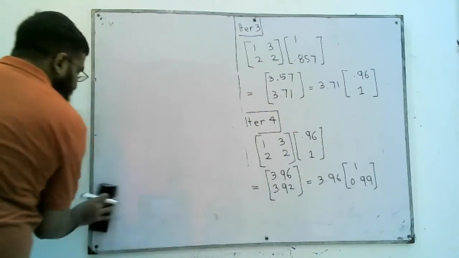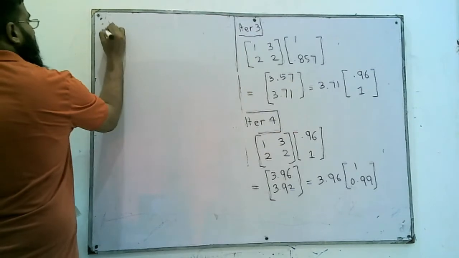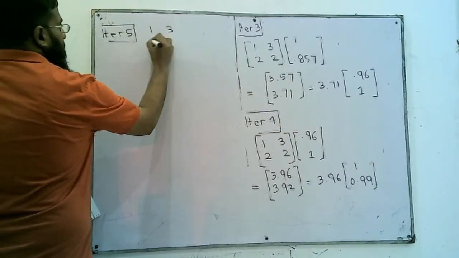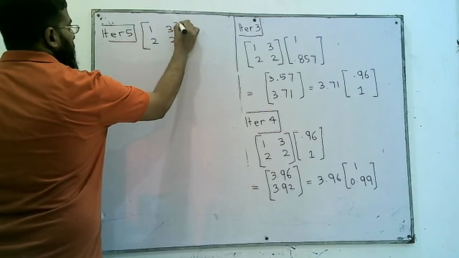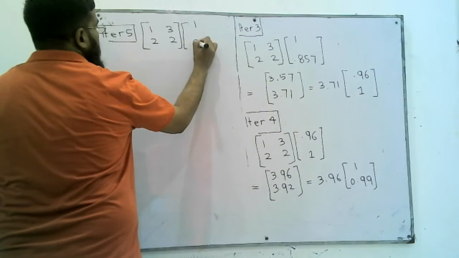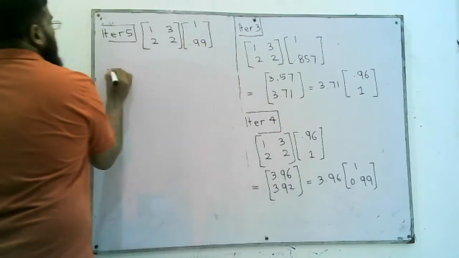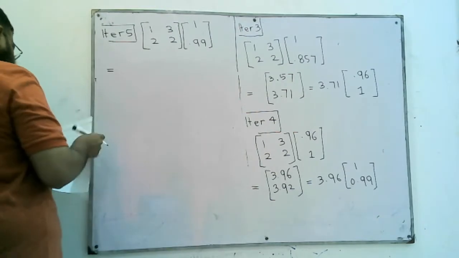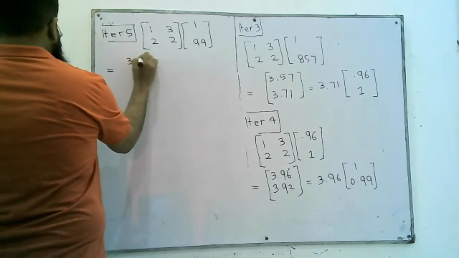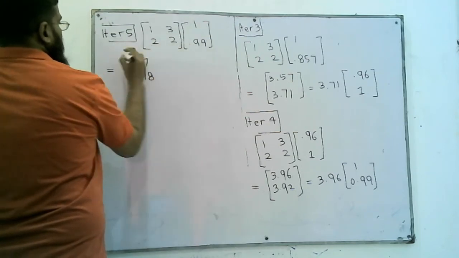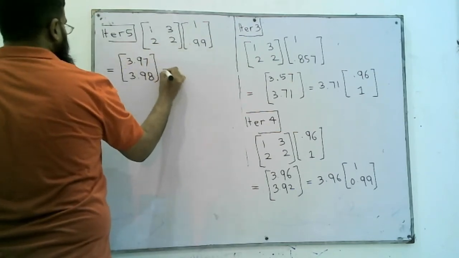Iteration number 5: A multiplied by the vector we computed in the last step. 1 plus 3 times 0.99 is 3.97, and 2 times 1 plus 2 times 0.99 is 3.98.